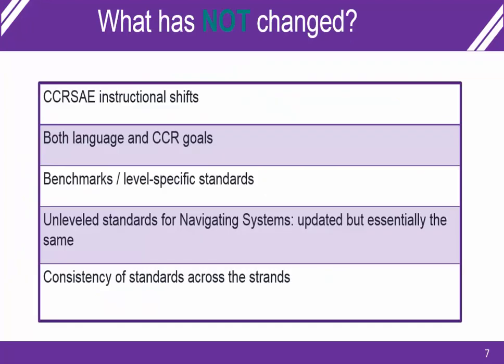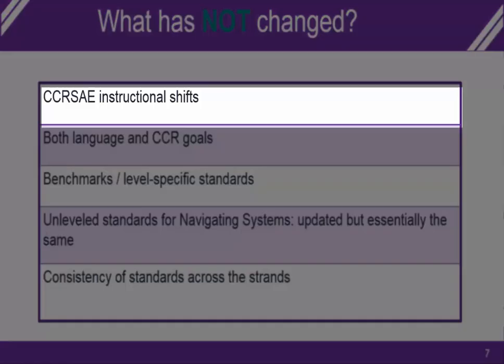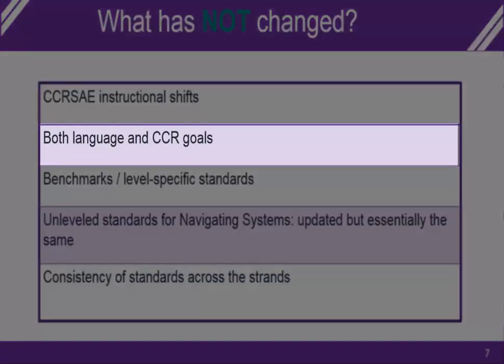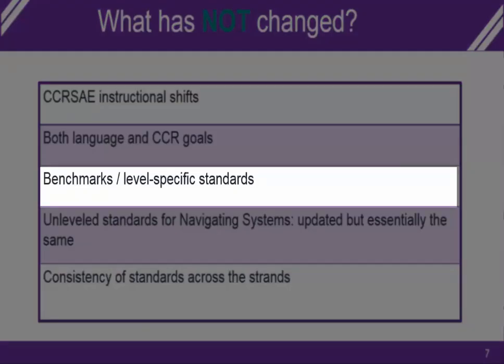When comparing the new Massachusetts ELPs to the old ESOL curriculum framework in Massachusetts and the CCRS, you'll find that several elements are the same. The instructional shifts from the CCRS are woven throughout the Massachusetts ELP standards and benchmarks. The Massachusetts ELPs also include both language skills and college and career readiness skills. There are still benchmarks, and they're called benchmarks as they were in the curriculum framework.